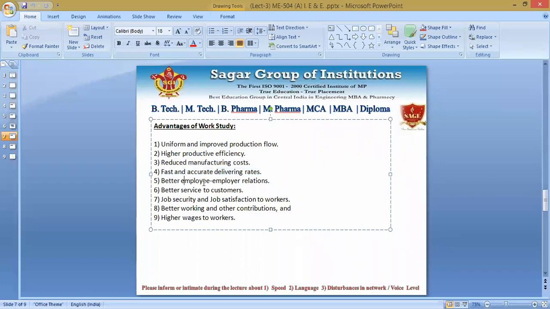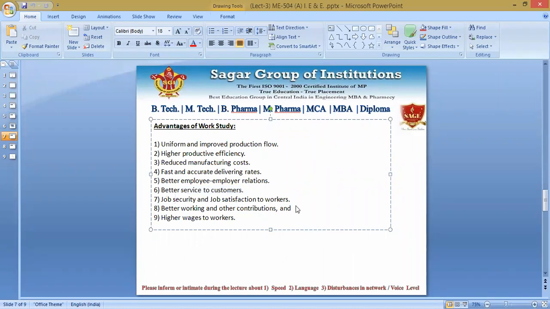Then we'll get better employee-employer relations. If no uncertainty is there and the employer and employee are on the same platform, then and only then could there be better relations between employee and employer. Then comes better services to the customer. If the employee-employer relations are good, then and only then will better services be delivered to the customer.